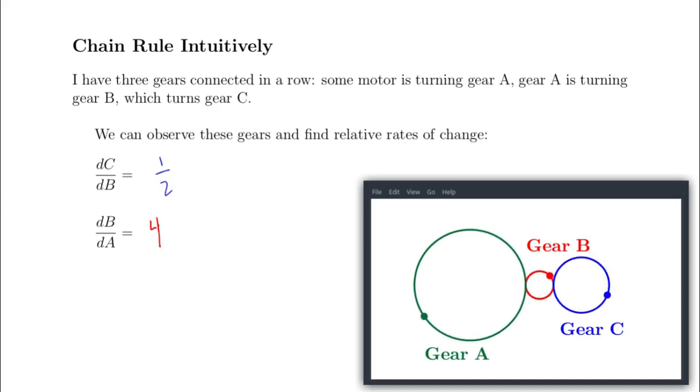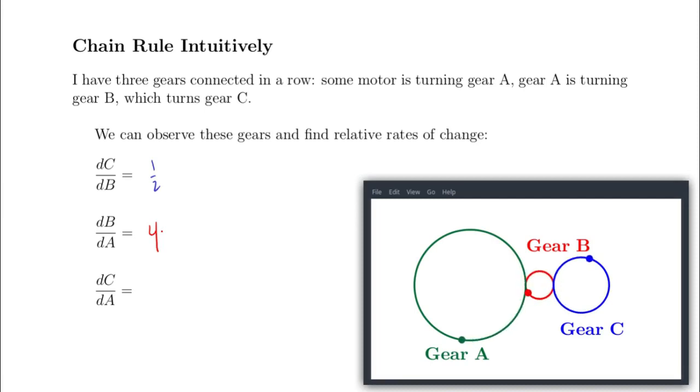Cool. Okay, so what does that mean now? What that means is that we can find the rate of change of gear C with regard to gear A, right? We can go back here and take this half and 4. Let's follow the logic of what we're trying to find. We're trying to figure out the number of revolutions C is going to make in the time it takes A to do 1.